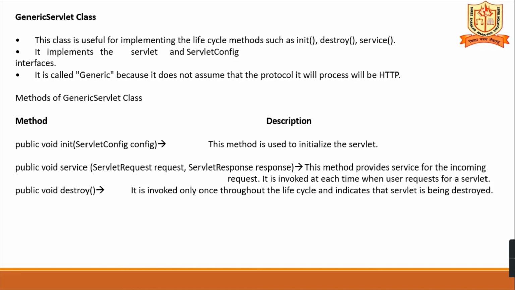The actual processing is done in this service method. And if your memory will be full and you don't want that servlet, you can destroy it. So when you destroy the servlet, the config object is also destroyed. So the destroy method is called only once, and the init method is also called only once in the servlet. You can call the service method as many times as you want.